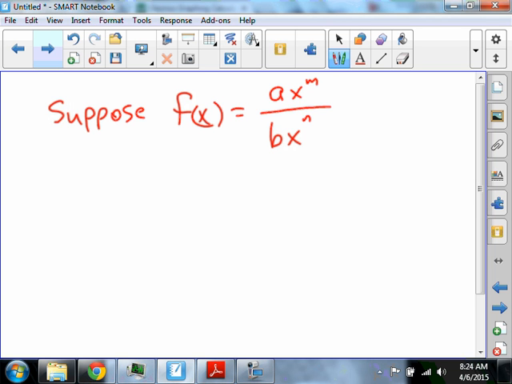The denominator has a degree of n. The leading coefficient is b. And there's a few things that we need to talk about, and this is going to help us find our horizontal asymptotes. Okay?